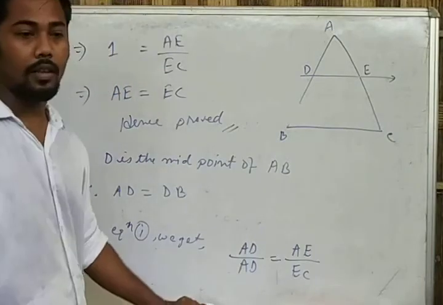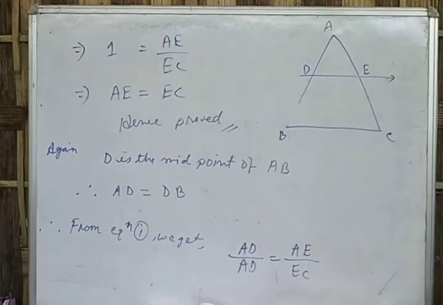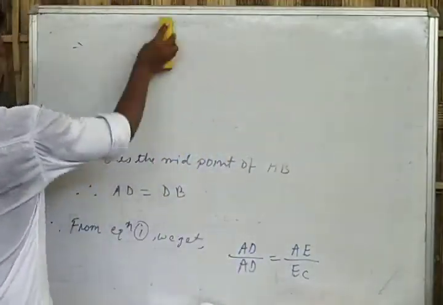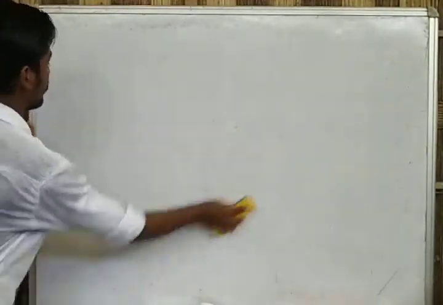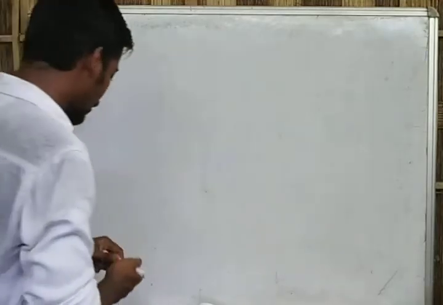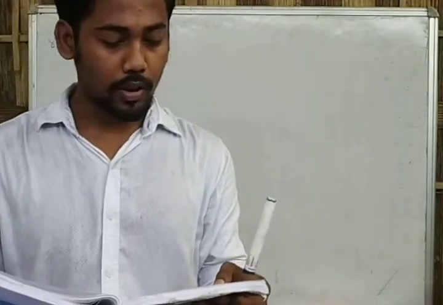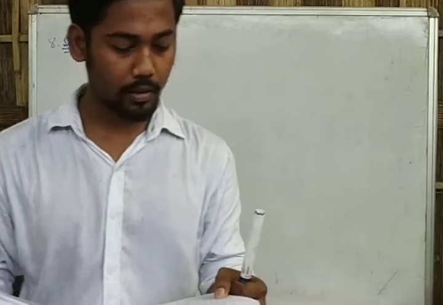Question number 8. Using theorem 6.2, prove that the line joining the midpoints of any two sides of a triangle is parallel to the third side.